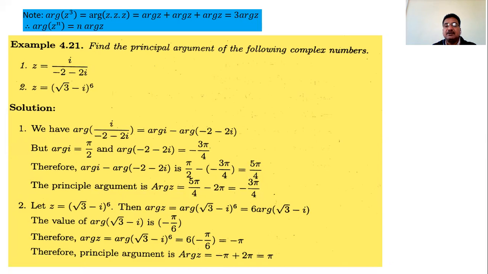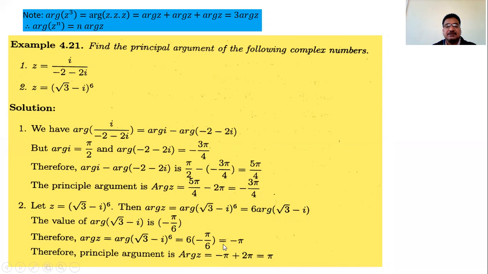So we have this as minus 3 pi by 4 by subtracting 2 pi. And then the argument of root 3 minus i raised to 6: suppose this is the number z. Then by using argument of z raised to n is n into argument of z, argument of z raised to 6 is 6 into argument of z, and argument of root 3 minus i is minus pi by 6.